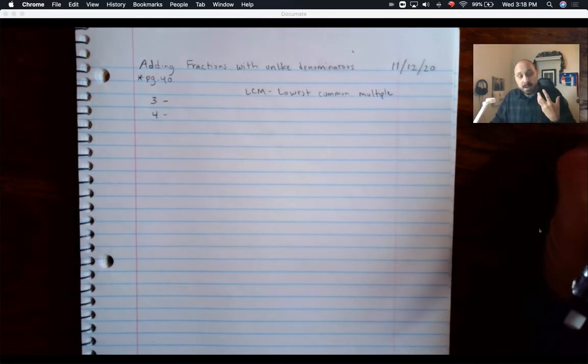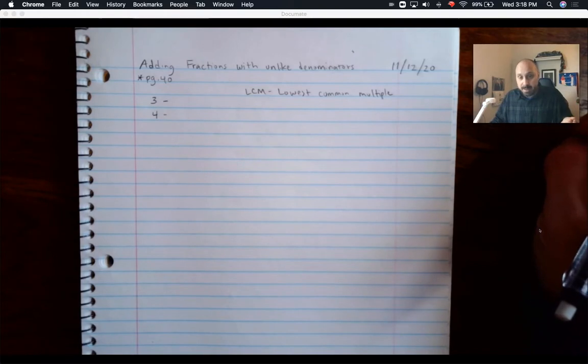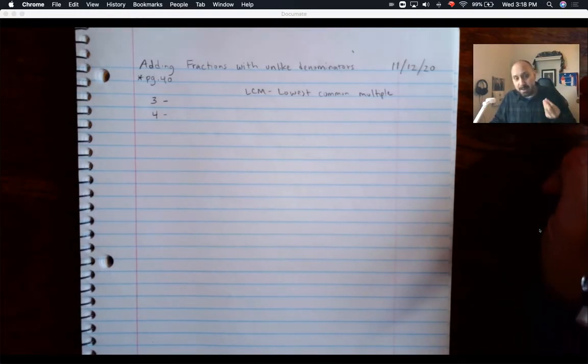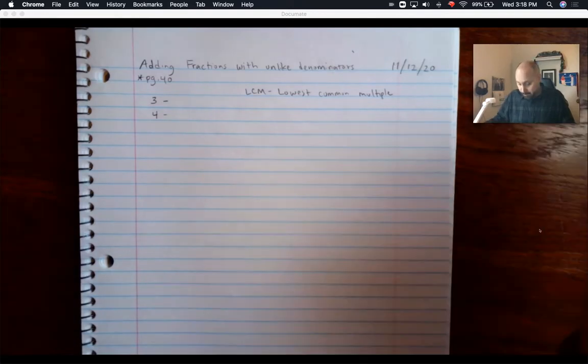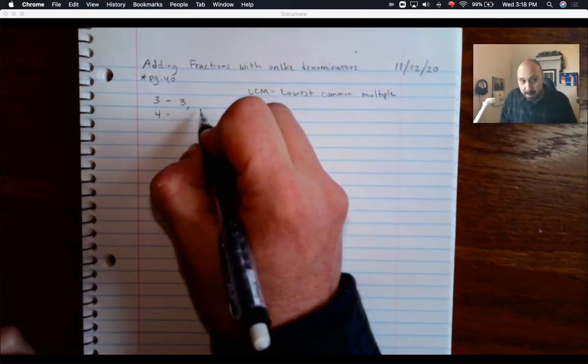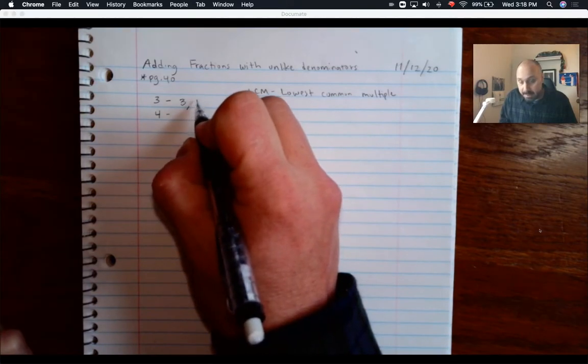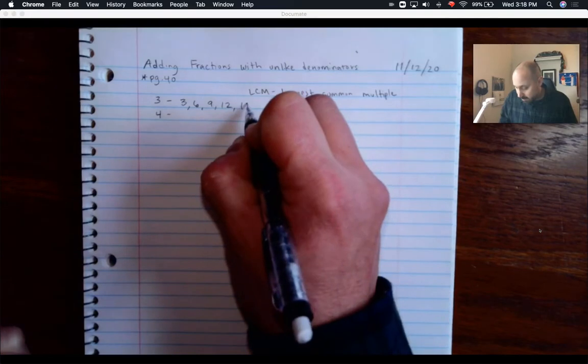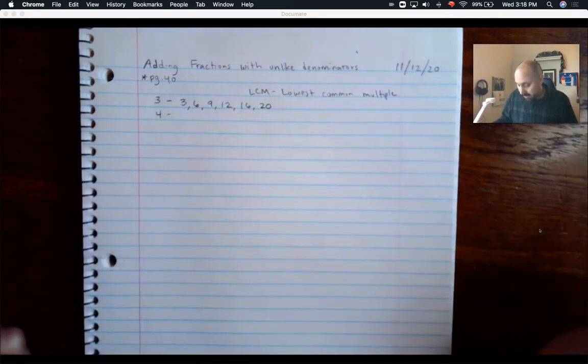So if my denominator is a 3 and my other denominator is a 4, I have to find a common multiple between the two so I can start adding the fractions. Okay? So 3 and 4. I'm going to start counting up by threes. 3, 6, 9, 12, 16, 20.